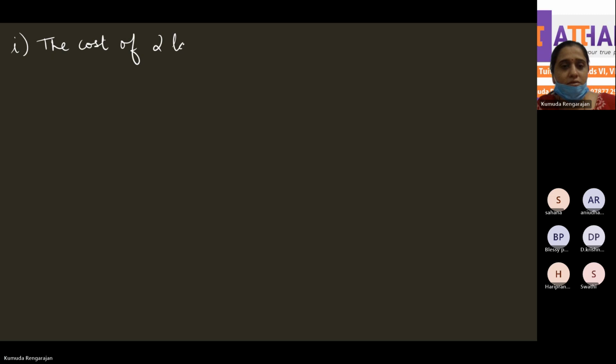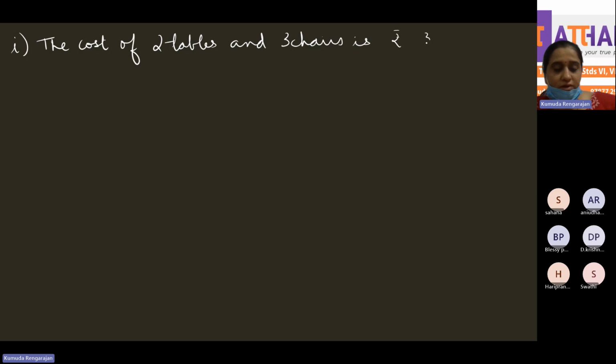The cost of 2 tables and 3 chairs is rupees 3,500. Tell me the equation. The cost of 2 tables and 3 chairs is rupees 3,500.